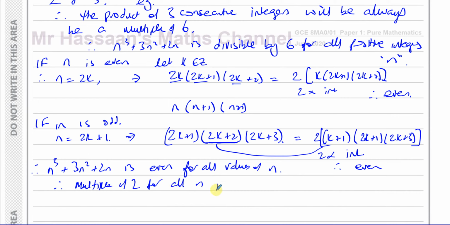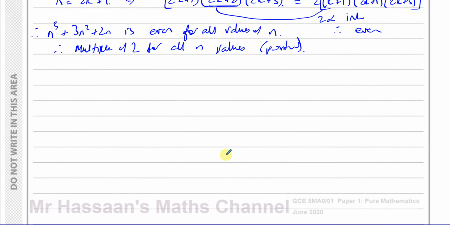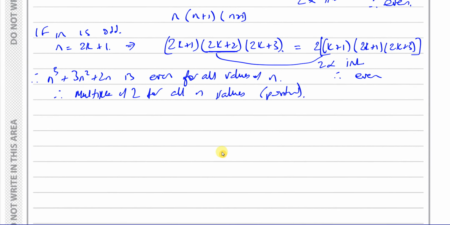We can say positive, because they're asking us about positives. So whatever value of n you put in here, you're always going to get an even number.